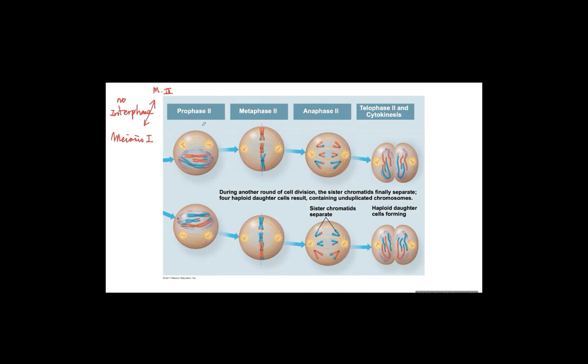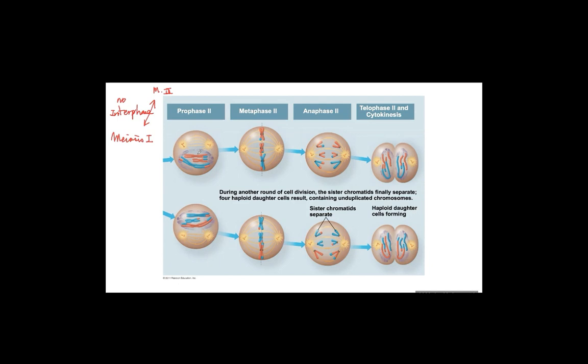In prophase 2, the spindle microtubules form again. Do you remember? In telophase 1, the spindle fibers disappear, but in prophase 2, the spindle fibers come back again. So spindle microtubules reform and attach to the sister chromatids, this time sister chromatids.